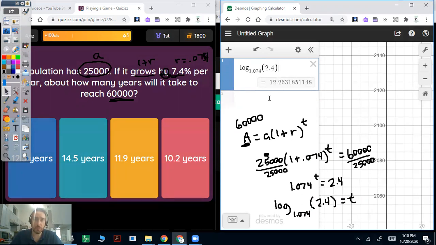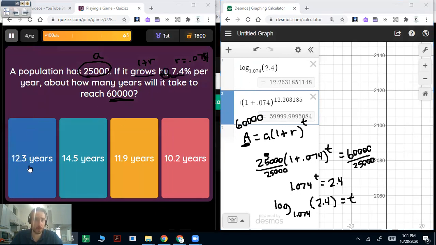Now, one thing you can do, if you're not sure if your answer is correct and you don't want to graph it, or if you're not really getting good graphs, you can take your equation to start with, 25,000, parentheses, 1 plus 0.074, and you can raise it to your answer. You see how when I put that number in place of the exponent, you get about 60,000, which is what our goal is. So 12.26 will round to 12.3.